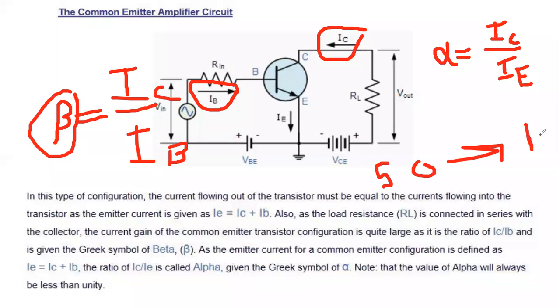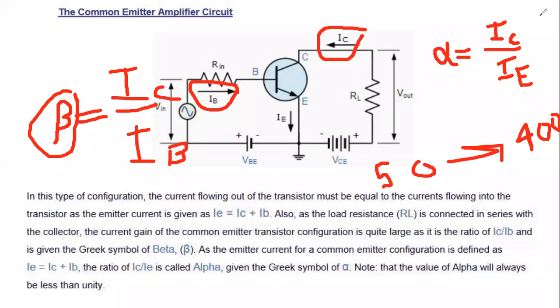From here you can predict that the value of IB is so small, because IB means the base current, and we all know that the base is very thin and very lightly doped. So the current across the base region is also very small. So this is the DC current gain in the common emitter circuit. Basically it gains the output current. In the common emitter circuit, we get a high value of current in the output.